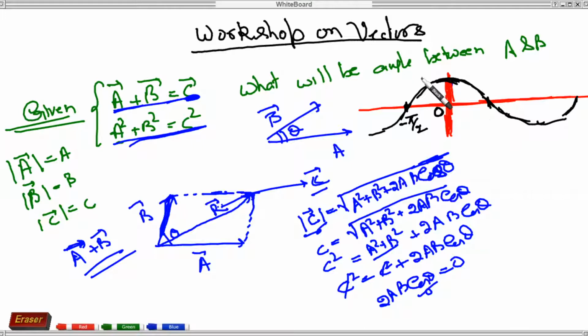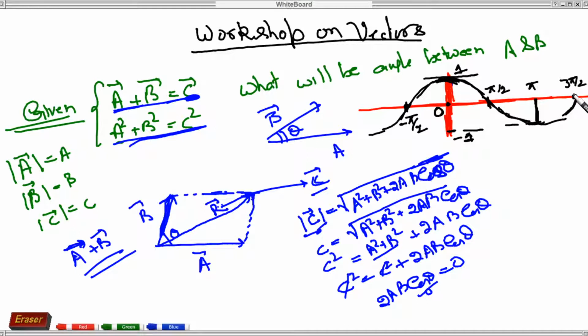The maximum value is 1, and down here it's minus 1. This is pi by 2. The peak point is at 0, then it's pi by 2, and this one you can say is pi. Then again it's 3 pi by 2, and then 2 pi.